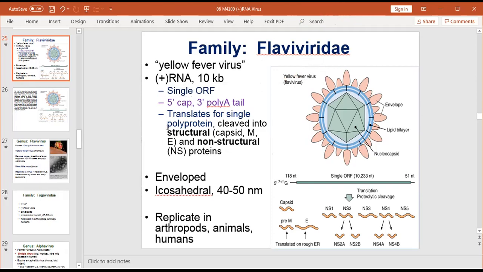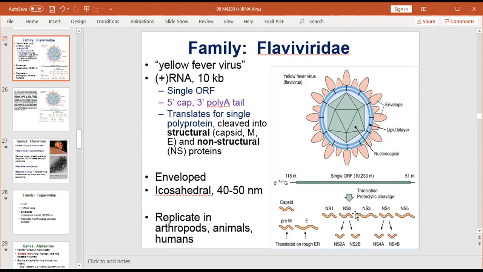Just like polio, this single open reading frame will be translated into one single polyprotein that will be further cleaved through proteolytic cleavage to make structural, such as capsid proteins, M protein, E protein, and non-structural proteins, which are a group of NS for non-structural, one, two, three, four, five.